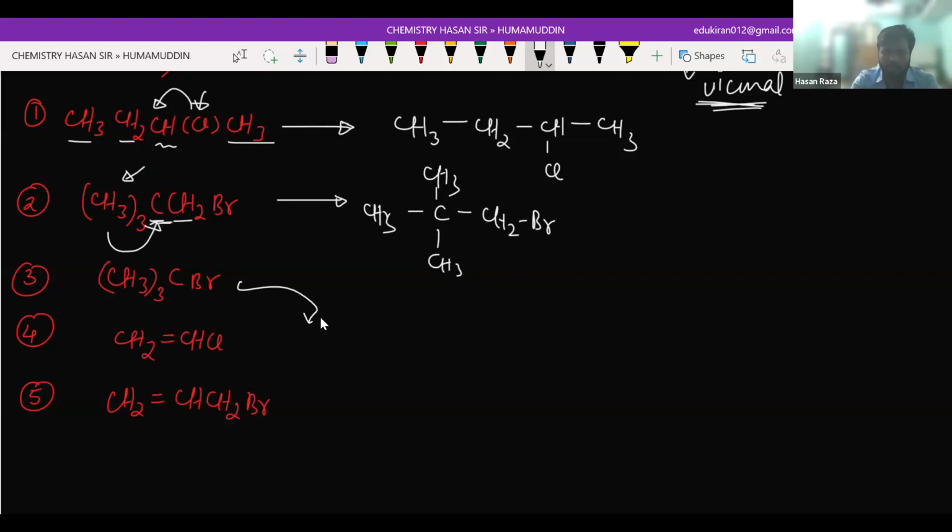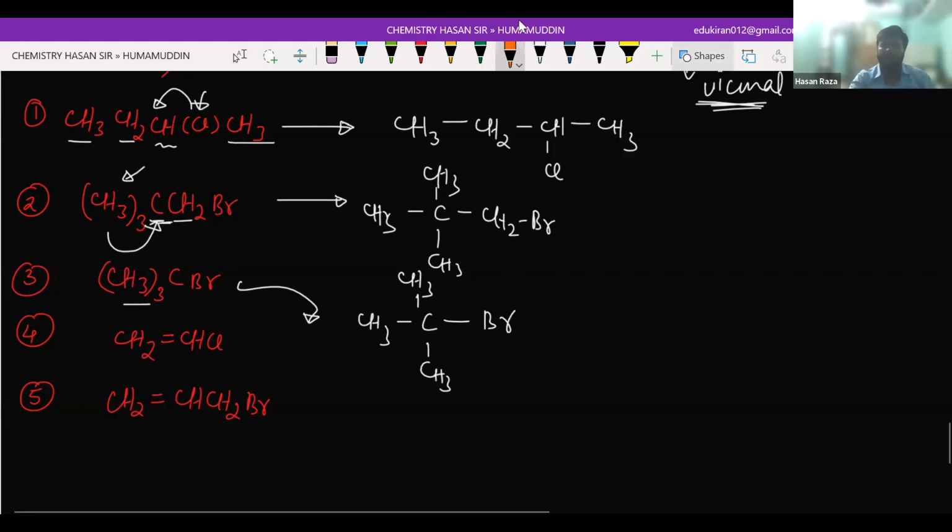Now I'm going to write this C which has 3 CH3, so CH3 1, 2 and whole thrice is there and then Br is there. Now I'm going to write the name of all three. If you number from the right hand side, the substituent will get second position, and if you give numbering from the left hand side, the substituent will get third position.